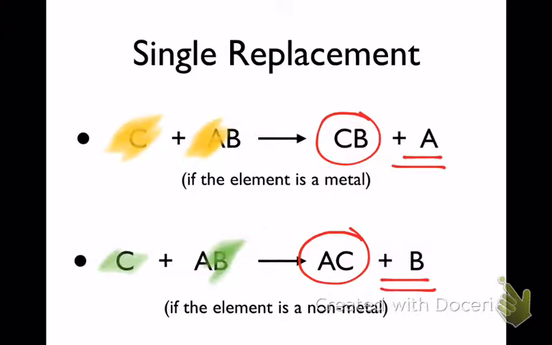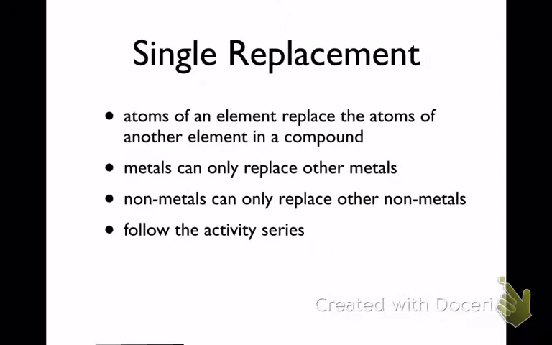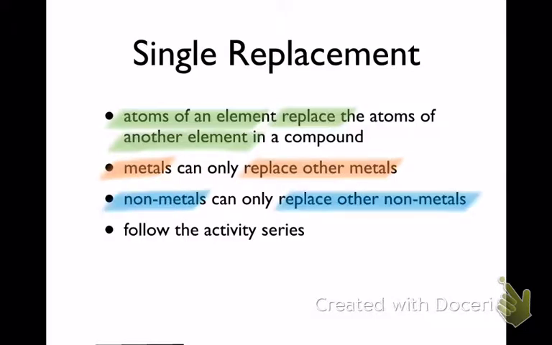Let's look at a couple key things that I want to highlight for single replacement reactions. First of all, replacement simply means atoms of an element will replace atoms of another element in a compound. As you've seen in my general equations, a metal can only replace a metal, and a nonmetal can only replace another nonmetal.